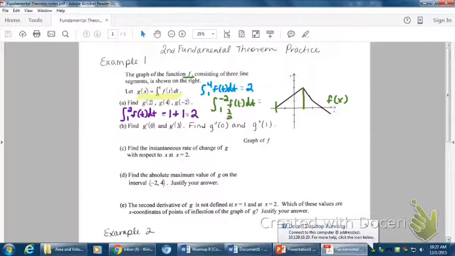So it's 1/2 times 1, 2, 3 times the height, which is 3. And you get 9 halves there. Now, the trick on this one is since these two numbers are backwards, we talked about this a long time ago, but if the numbers are backwards, you change the sign of what you get. So your actual answer is negative 9 halves.